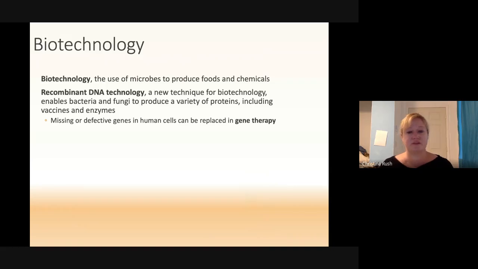Missing or defective genes in human cells can be replaced in gene therapy. Pretty controversial right now. I don't know if you've seen this in the news. We have CRISPR. CRISPR technology is a gene therapy that works.